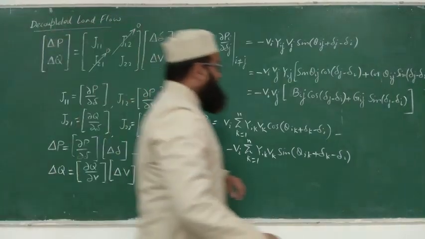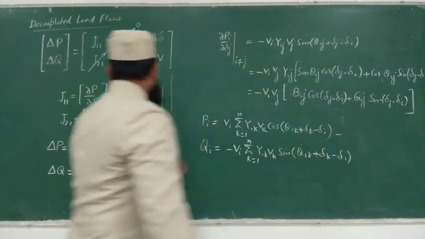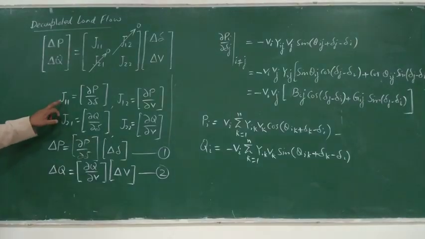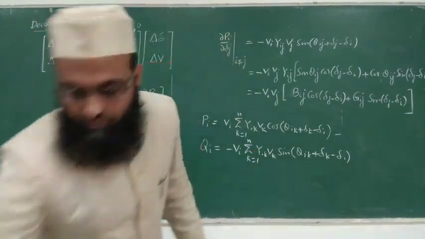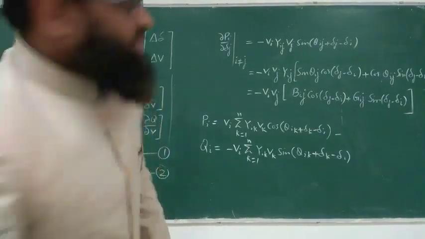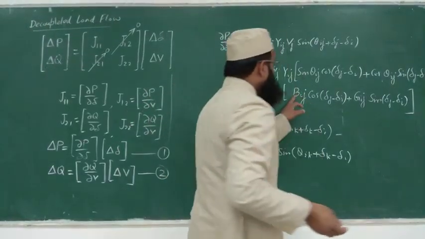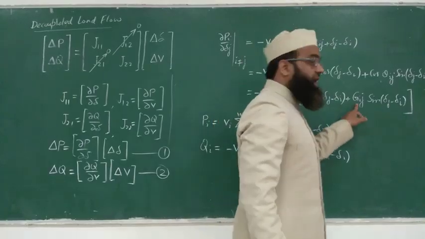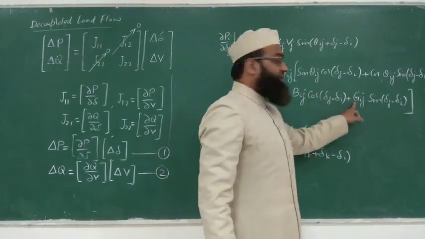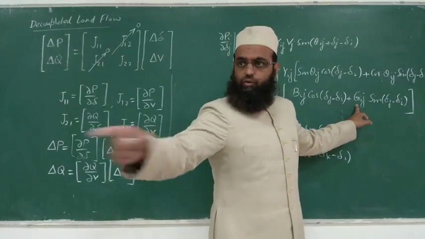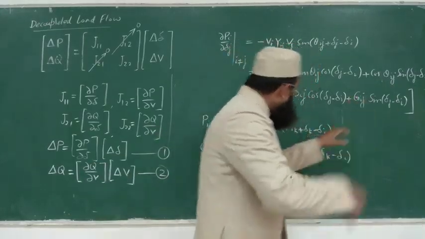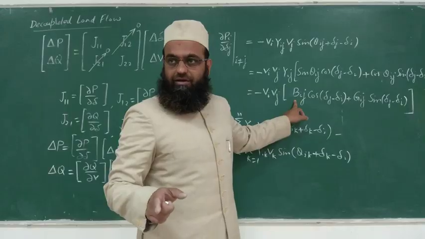Okay. So we were writing ∂P_i/∂δ_j, that is nothing but this matrix J11, in the case where i is not equal to j. So we have assumed that B_ij and G_ij, this one is dominating this, such that this can be ignored. Out of two assumptions, G_ij is very much lesser than B_ij, is it not?